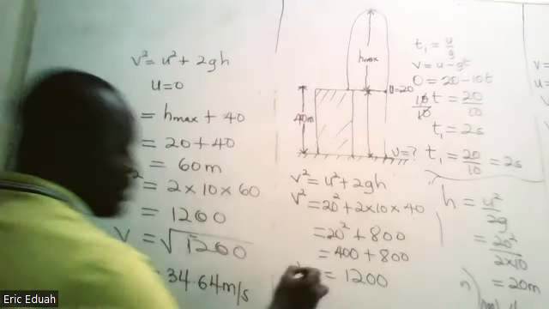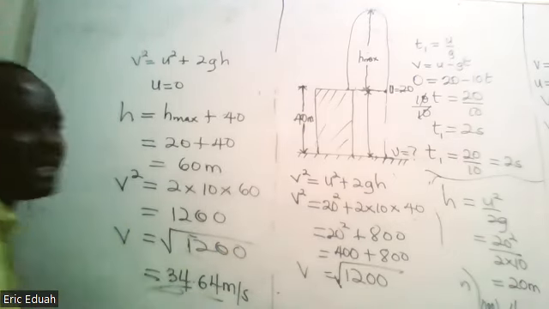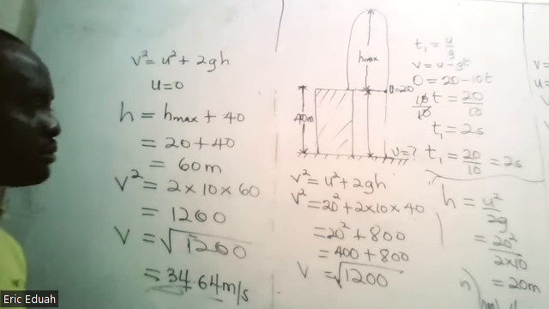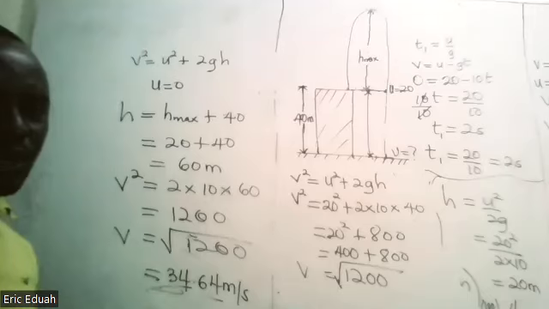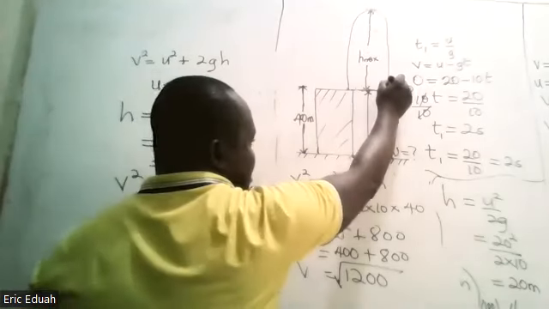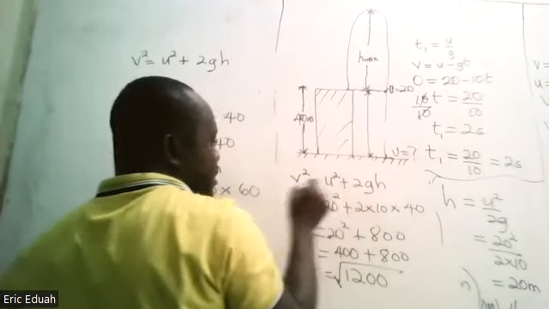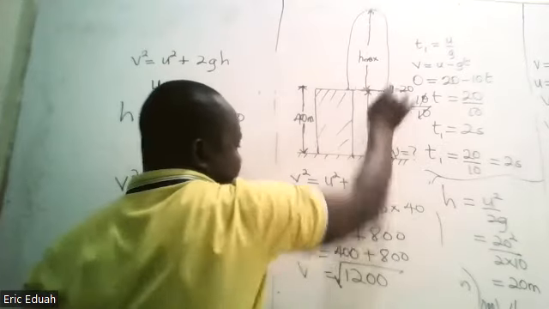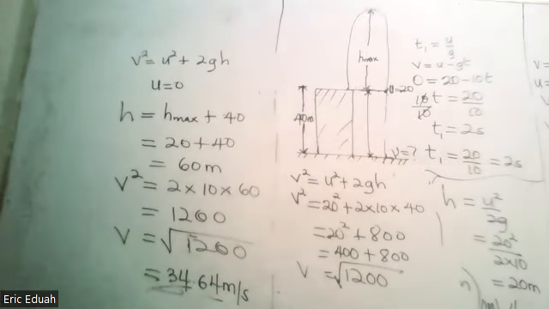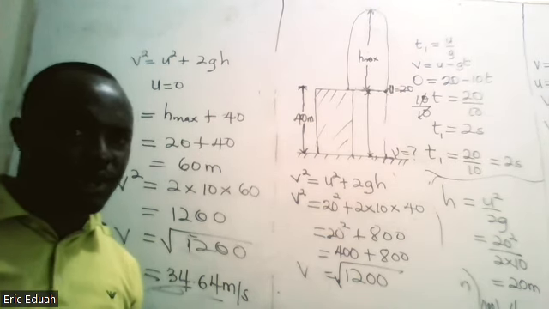When we take the square root of this, it will give us the same result as we've had. So that's another way to look at it. Because we have this, we just use this as u, and determine the final velocity, which we don't know, by considering the signs, and we'll get the same answer. Please, any question?